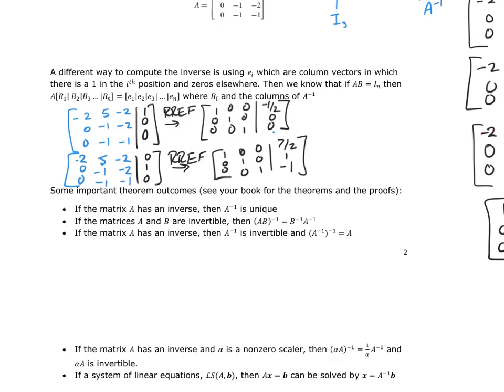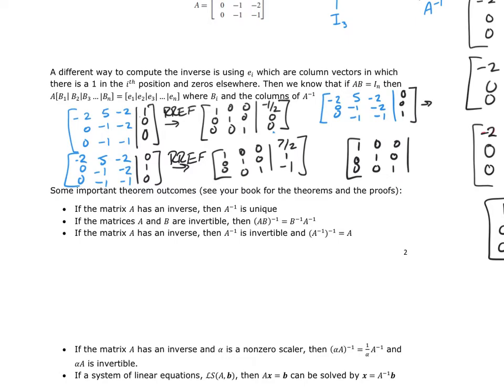So once again, I start out with the exact same matrix. And now we're going to augment on this vector, in which the 1 is in the bottom position because I want the third column, and I'm going to RREF it. And I expect to get, and I will get, the identity matrix on the left-hand side.